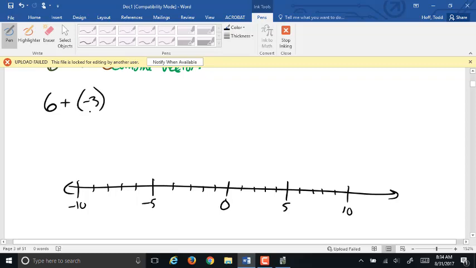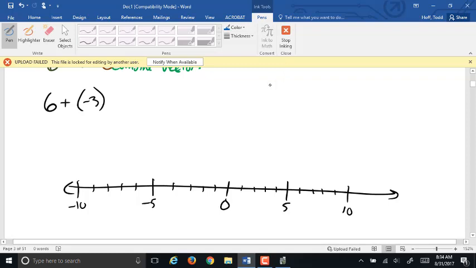Now in a couple of classes, we're going to talk about order of operations. And parentheses are one of what we call an enclosing symbol. In this case, that parenthesis is not really an enclosing symbol. It's not telling us to do anything first. It's just telling us that is a negative 3, not minus 3. So a lot of times when we're working with negatives, parentheses get used to just kind of isolate the negative number.